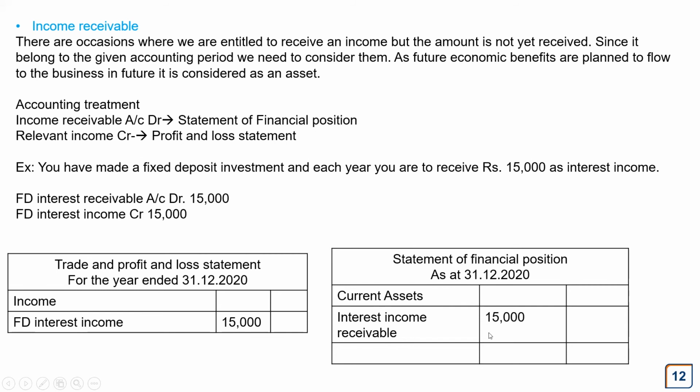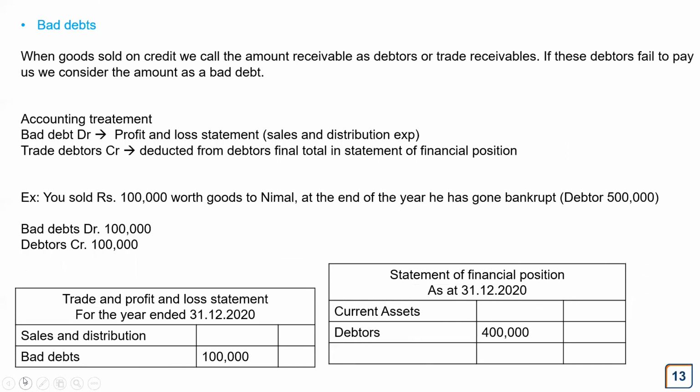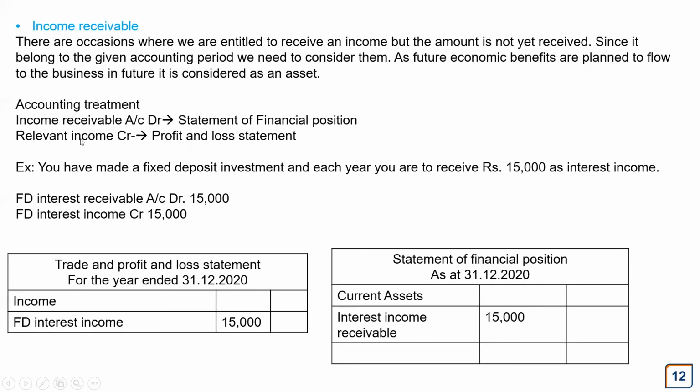You will create an asset of 15,000. So I hope up to that it is clear to you, right?